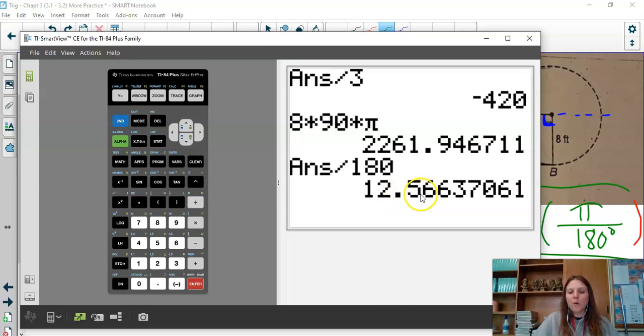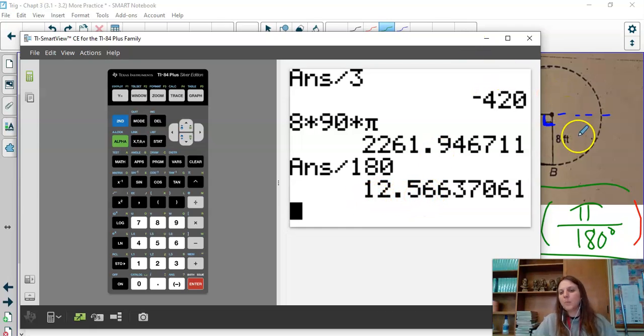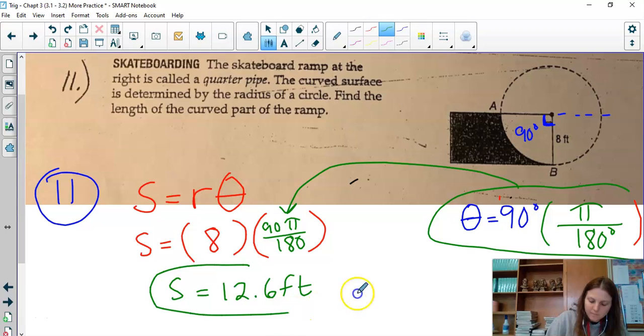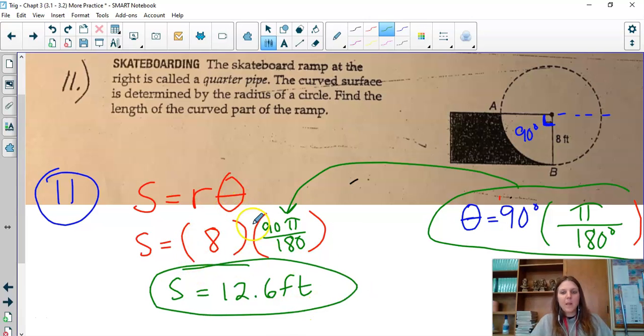And you get 12.56, which we can round to 12.6, and I believe, yep, it's feet. So 12.6 feet. Okay, all right, that is number 11.